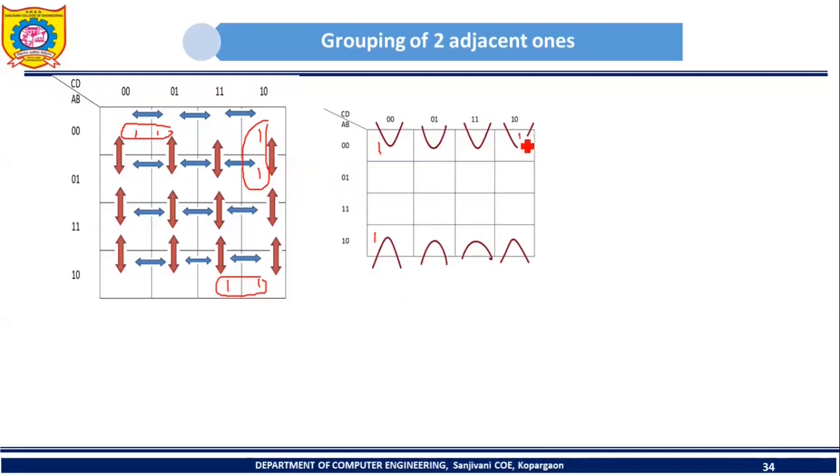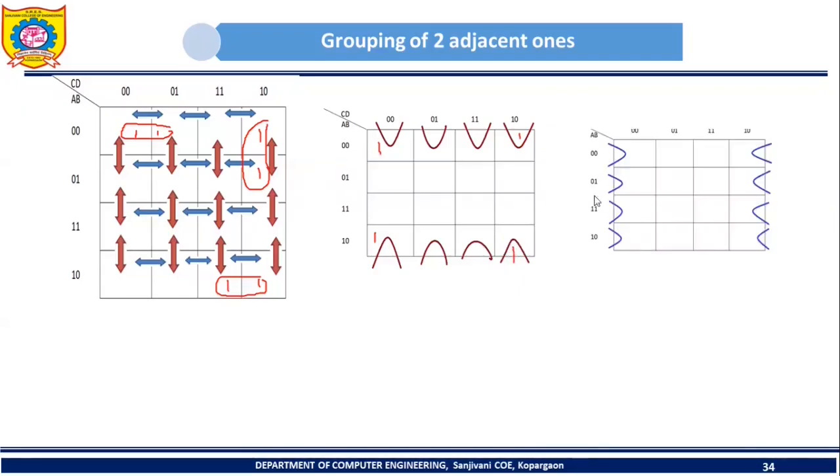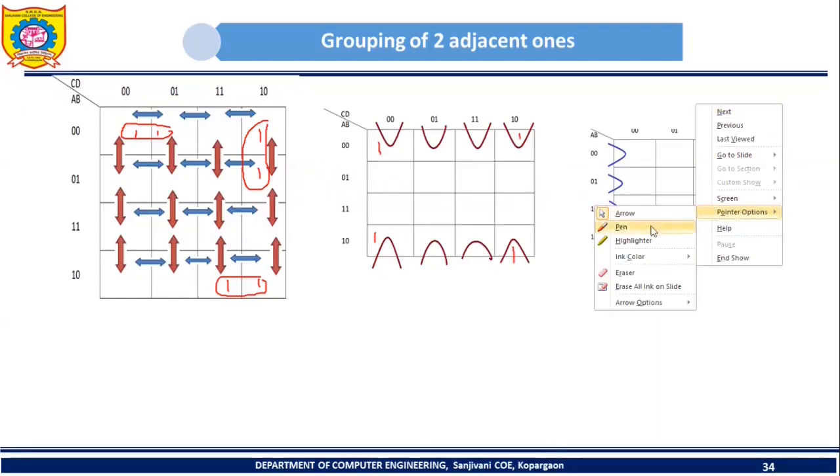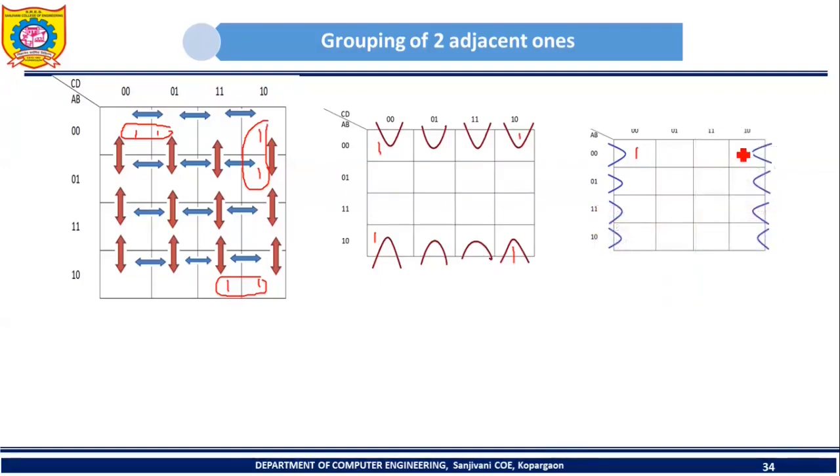Similarly, if we have 1 here and 1 here, we can make a group of these two 1s. Then the next possibility: suppose we have 1 in the first cell of the first column, and 1 in this cell of the last column. Can we make its group? Yes. If we have 1 here and 1 here, we can make a group of these two 1s also, because we know that these two cells are adjacent to one another. So these are the different possibilities of creating a group of 2.